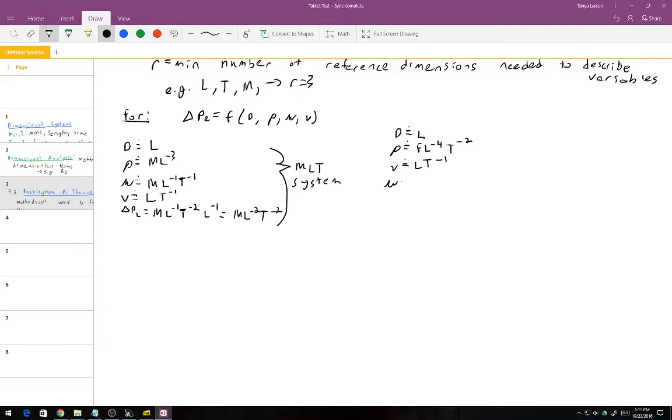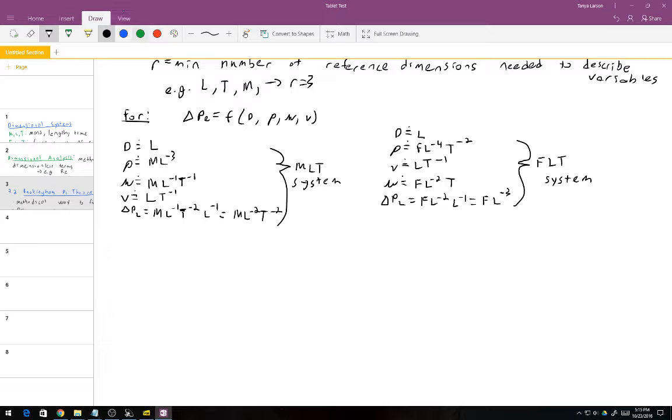Mu will have units of F, L to the negative 2, T. And delta PL will have dimensions of F, L to the negative 2, L to the negative 1, pascals per meter, for example, equals F, L to the negative 3. And this here would be the FLT system.